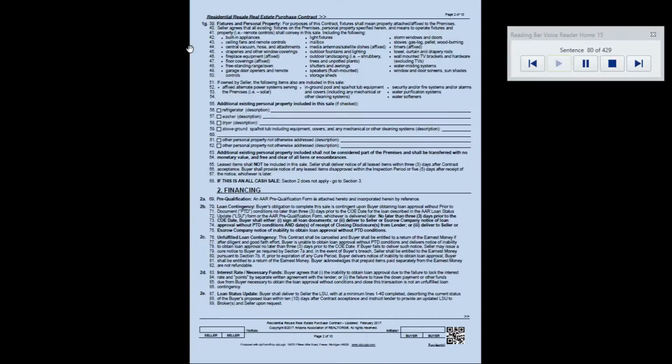openers and remote controls, light fixtures, mailbox, media antennas, satellite dishes, affixed outdoor fountain and lighting, outdoor landscaping, that is shrubbery, trees and unpotted plants, shutters and awnings, speakers, flush-mounted storage sheds, storm windows and doors, stoves, gas, log, pellet, wood burning, timers, affixed towel, curtain and drapery rods, wall-mounted TV brackets and hardware, excluding TVs, water misting systems, window and door screens, sunshades.